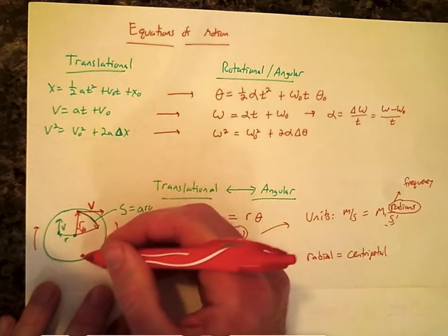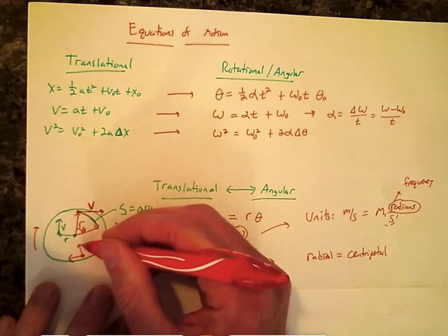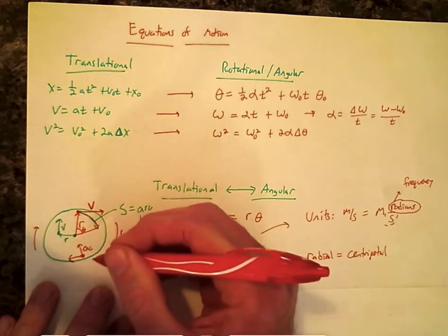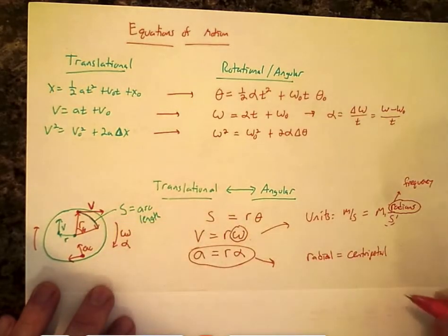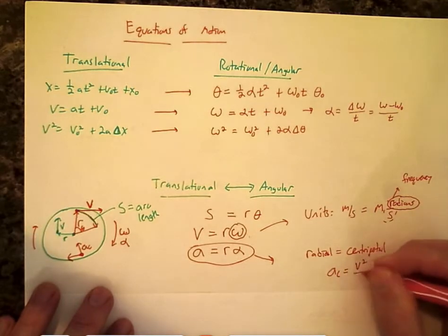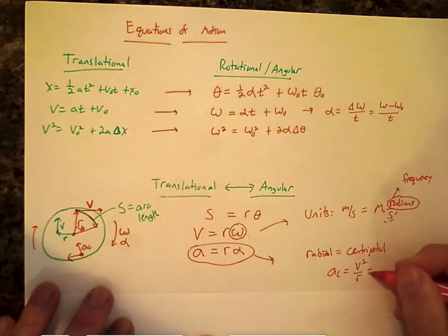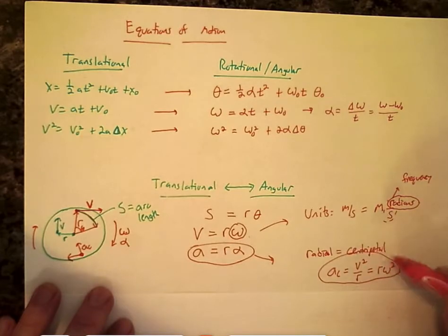This point is going to be moving this way, but it's also going to be accelerating towards the center of the circle. So there's a centripetal acceleration. The way we can relate those together: if you remember, centripetal acceleration is v squared over r. If we substitute this equation in, that's also going to be r times omega squared. So this is a way that we can do the centripetal or radial acceleration.